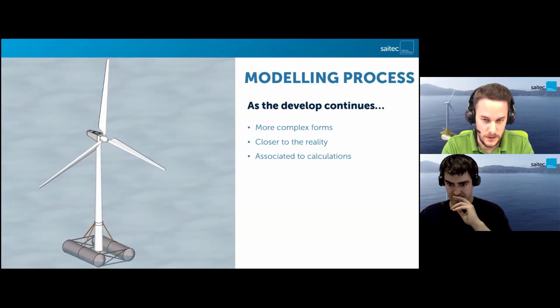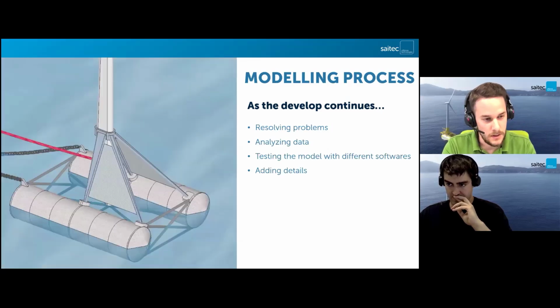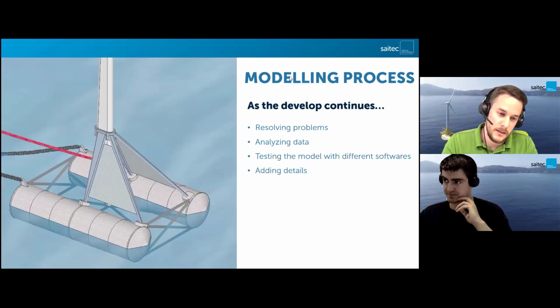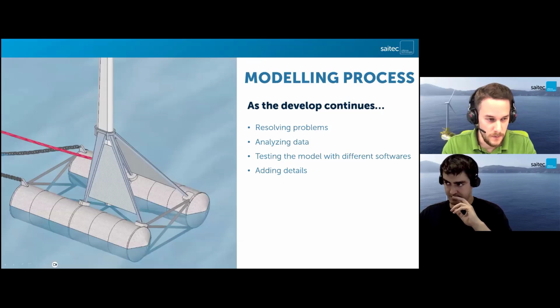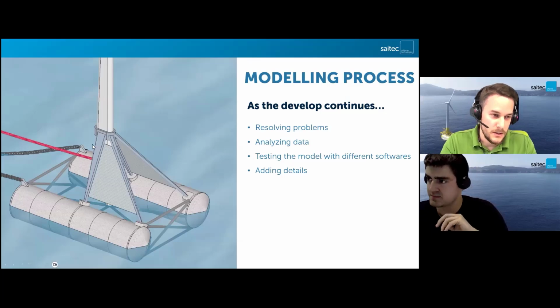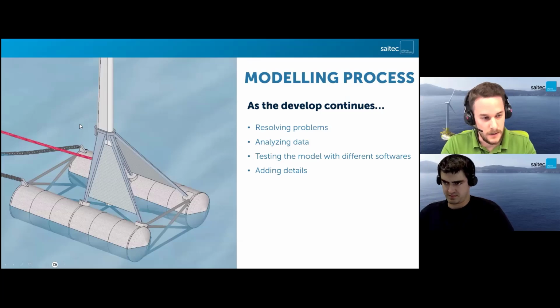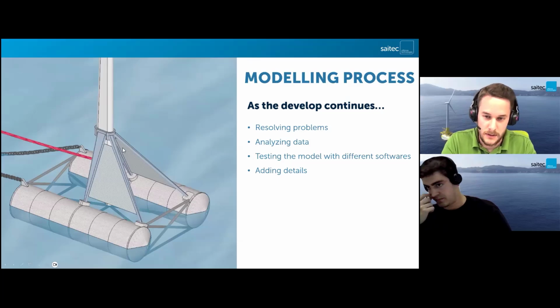As we add more details, it gets more complex and closer to reality. In this process of developing, we face different problems. Some of the problems we have faced are the mooring and how to anchor our platform to the seabed, and how to connect our generator to the grid.